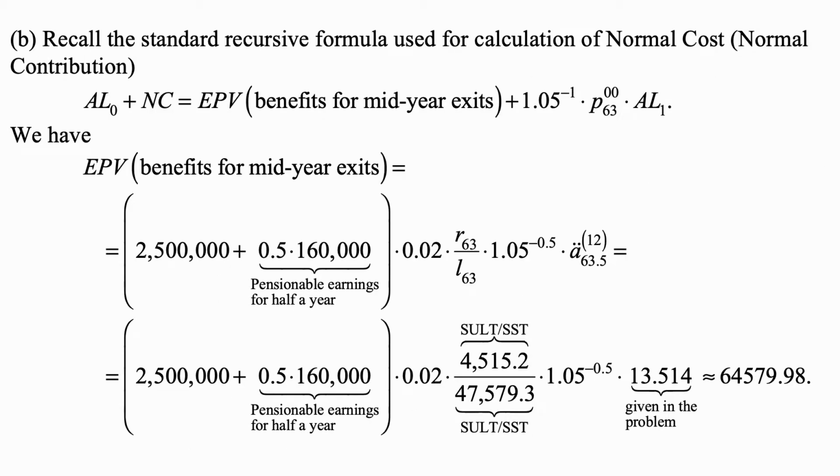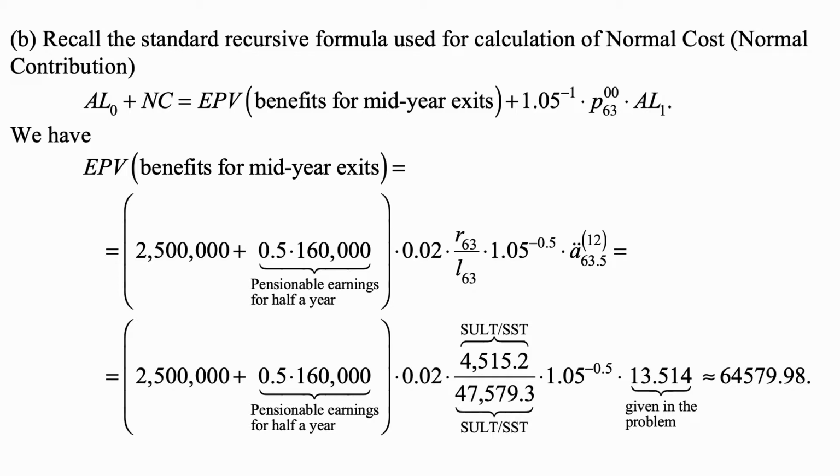For part B, recall the standard recursive formula used for calculation of normal cost and normal contribution. Accrued liability at time zero plus normal cost is the expected present value of benefits for mid-year exits plus 1.05 to the negative 1 times the probability of remaining in the zero state times accrued liability at time 1.